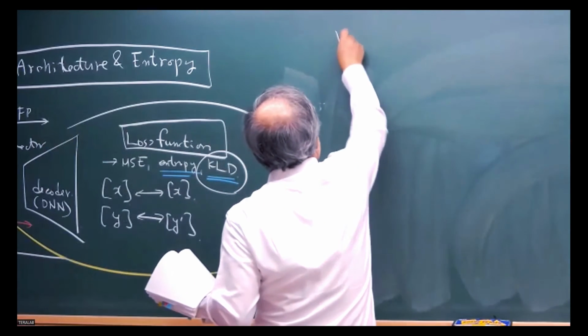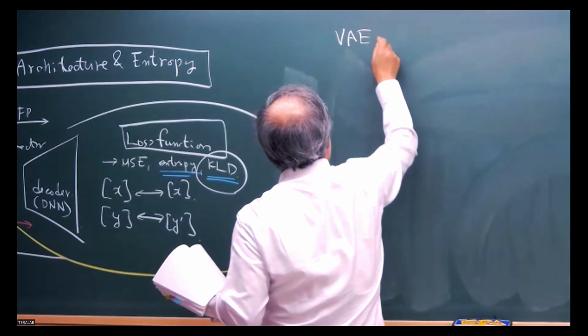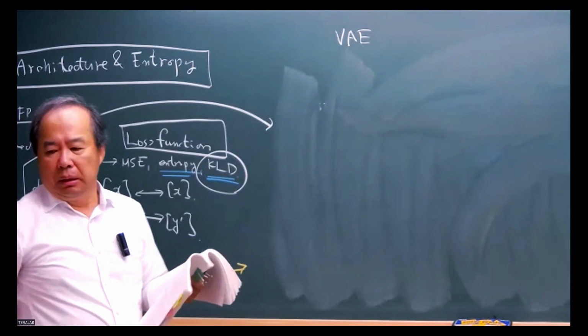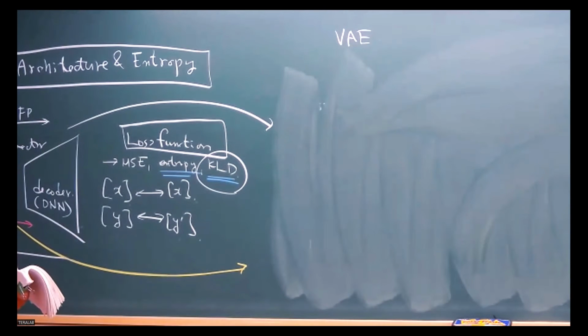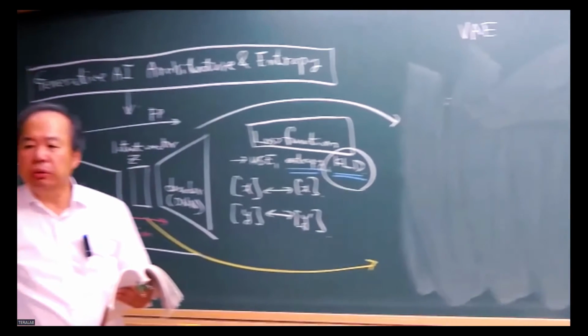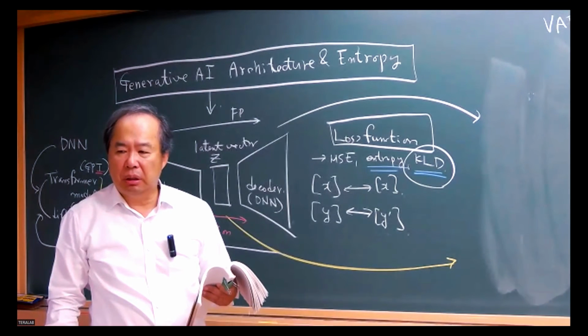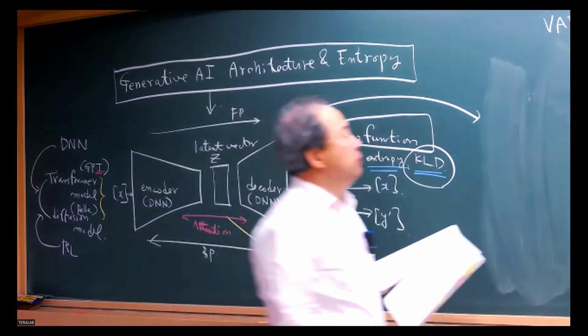One of the... I think about 10 years ago, variational autoencoder was quite a popular generative AI architecture. And I'm going to shortly introduce that one.